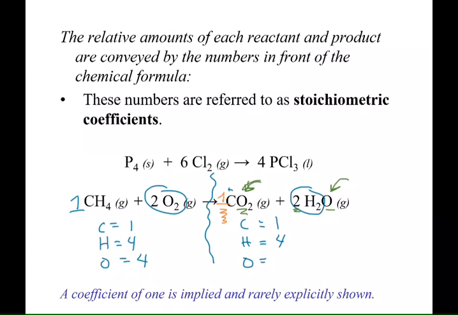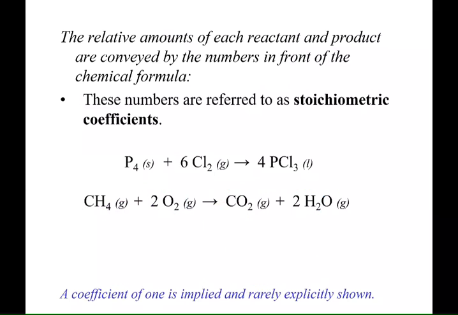So how many oxygens do we have? We have 4. So whoever balanced it did a great job, because they have the same number of atoms of each type of element on either side of the reaction arrow. Very good.